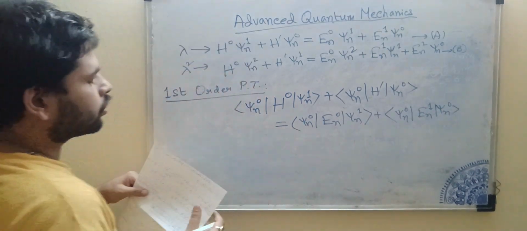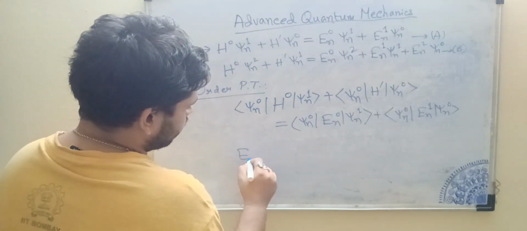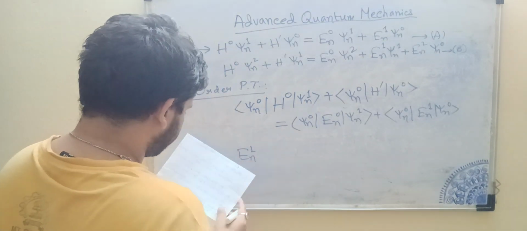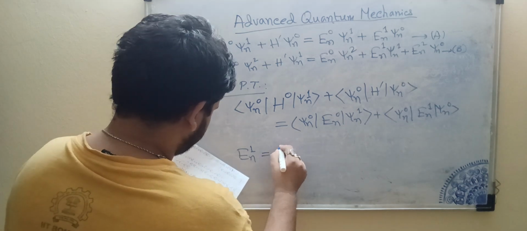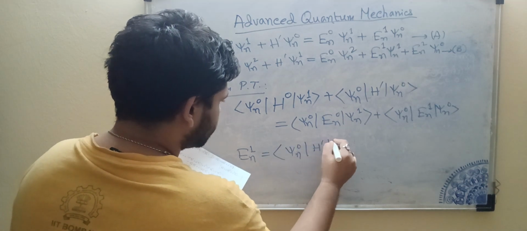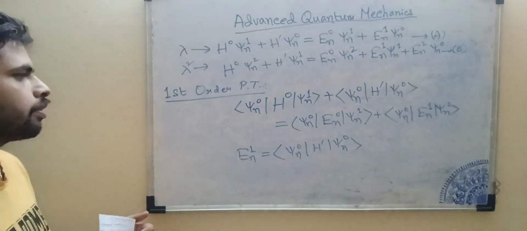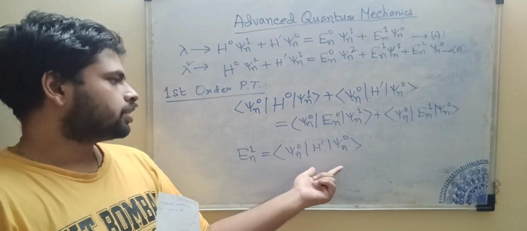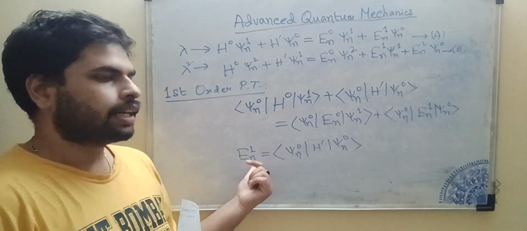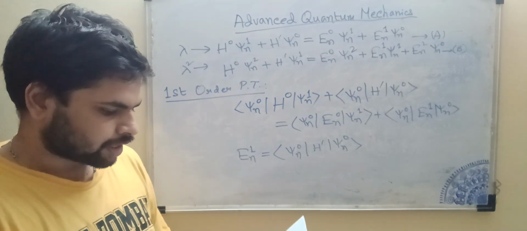So from the orthonormality condition we get the first order energy eigenvalue as psi n0 H prime psi n0. So from the Hamiltonian we get the energy eigenvalue for the first order perturbation theory.